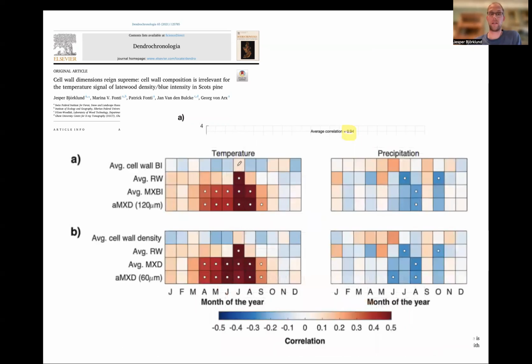If we correlate the average cell wall BI with temperature, we have no significant correlation in the growing season. While if we take the maximum latewood BI and correlate it with temperature, we have a very strong temperature signal, which is almost exactly the same as when we do anatomical MXD, for the resolution, which is compatible with the average of the BI measurements.